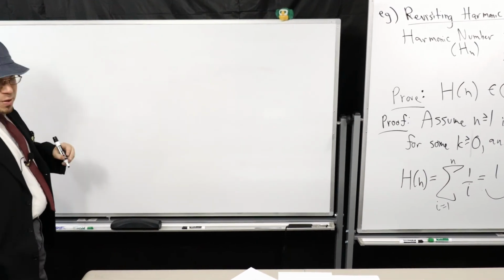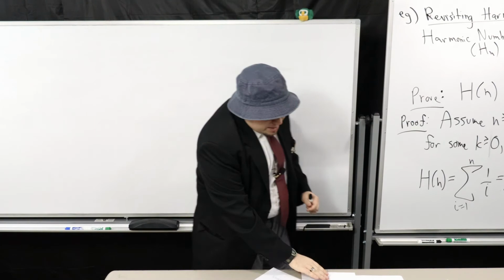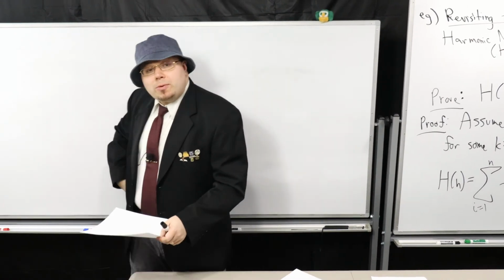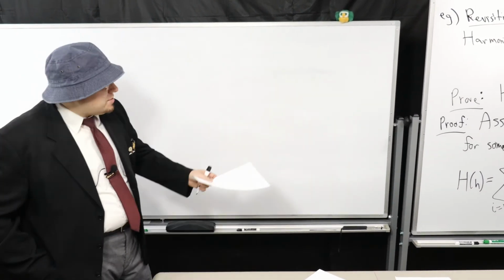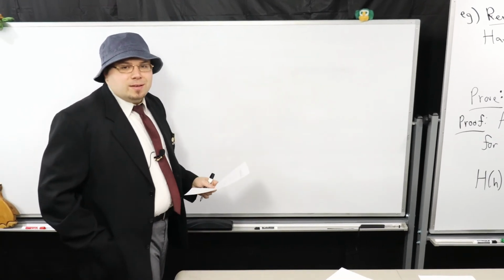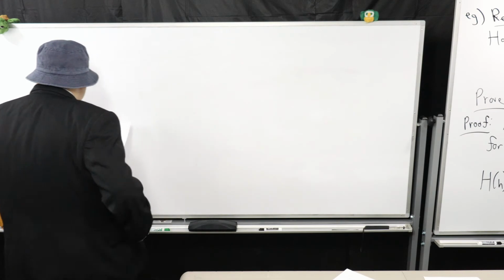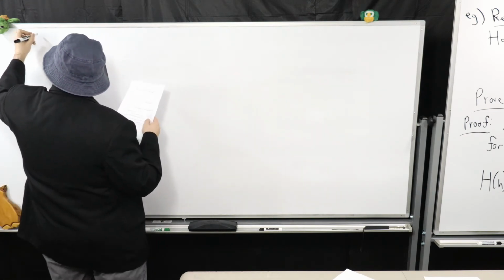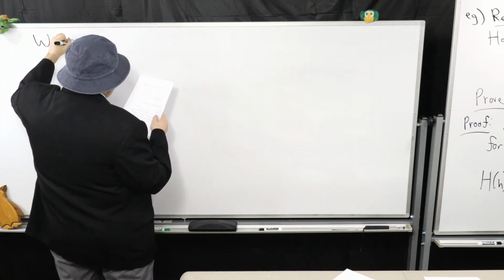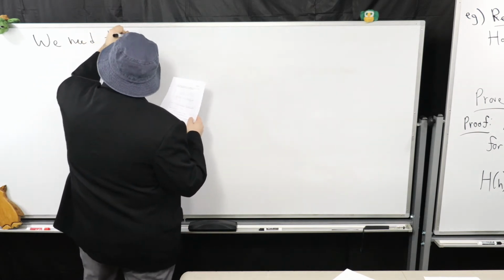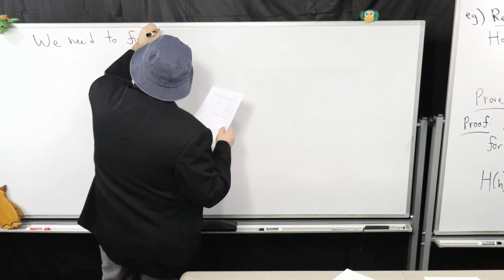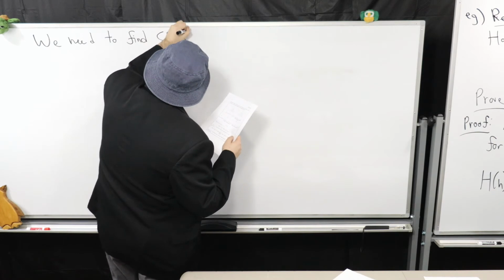Okay. So I'm going to start writing down what we're going to do. Remember, we want to say what we're going to try proving, right? This is just a little setup, because I'm going to invoke the smoothness rule. So we need to find a positive real constant c, right?